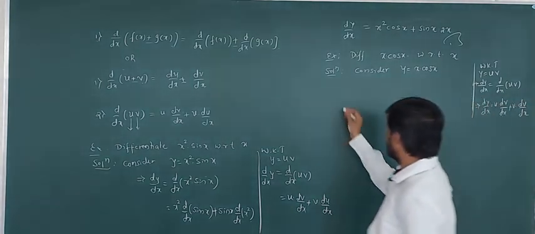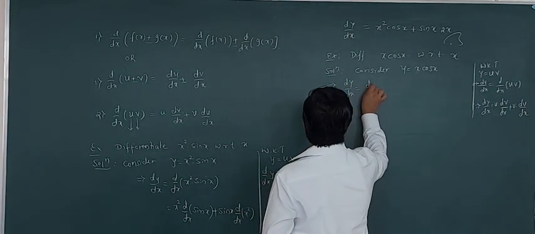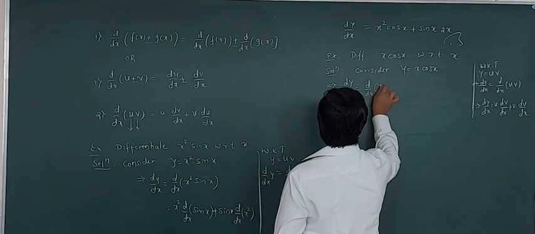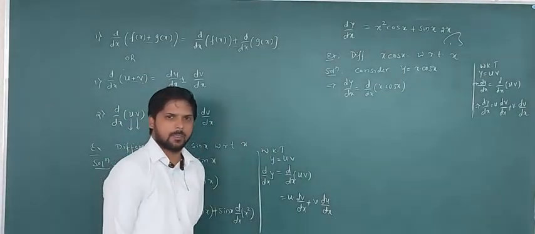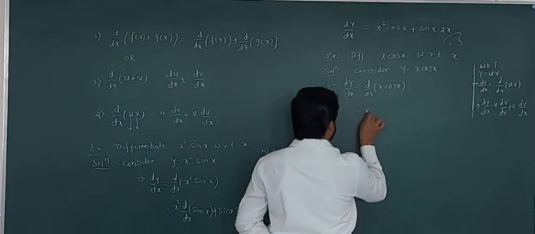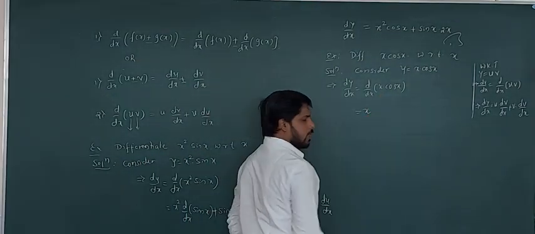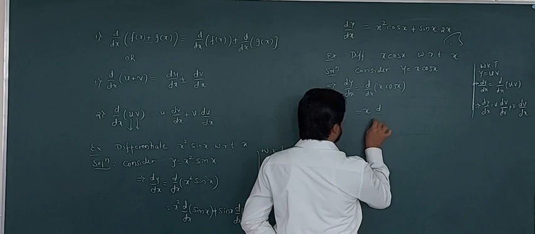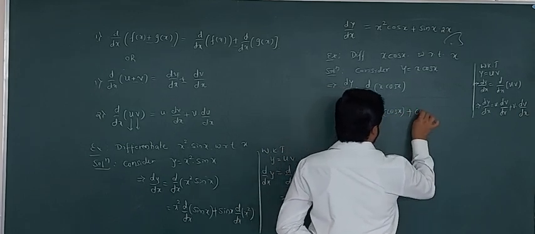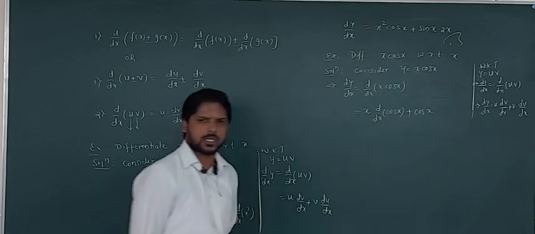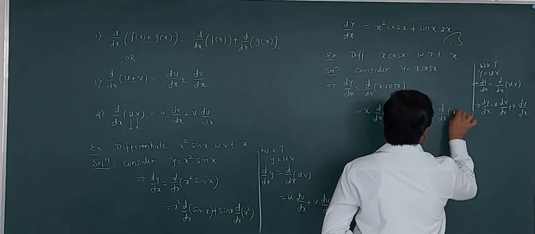So dy by dx is equal to d by dx of x into cos x. Keep the first function as a constant; x is our first function, so x is constant. Next, the second function differentiation, that is d by dx of cos x, plus keep the second function cos x as a constant into d by dx of x.